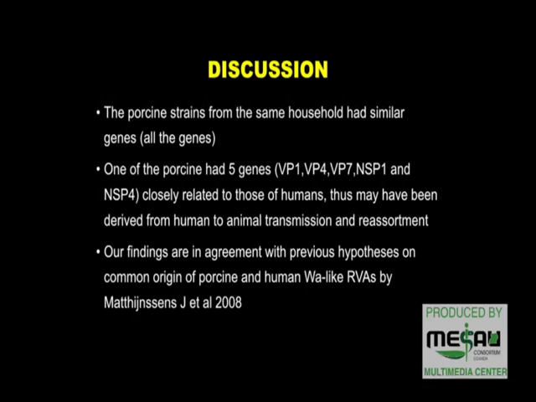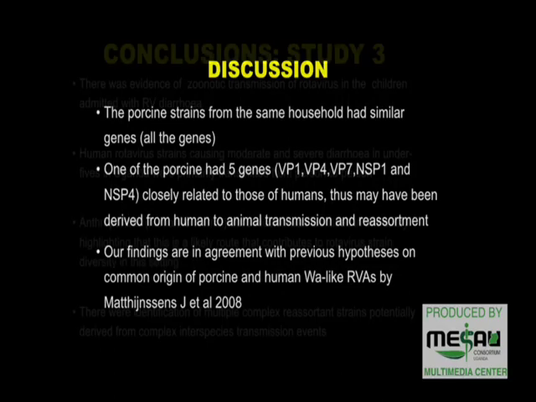This confirms a previous hypothesis made by one of the authors, Matt Jensen, in 2008, which says that pig and human rotaviruses which are alike may have a common origin. So that is why when you do sequencing, you find that they are clustered together as nucleic sequences.